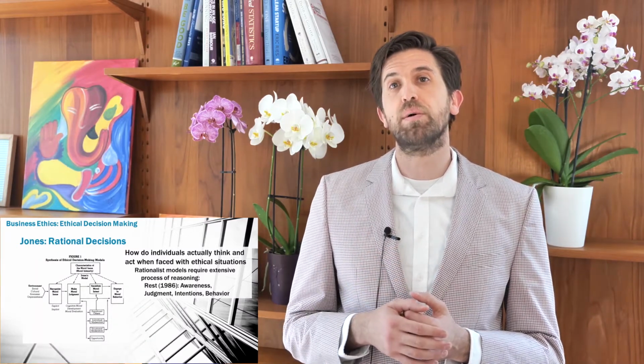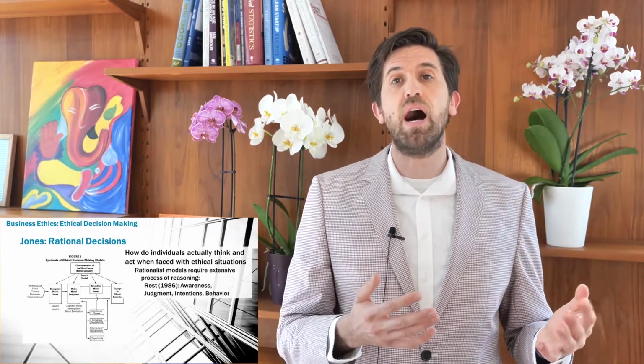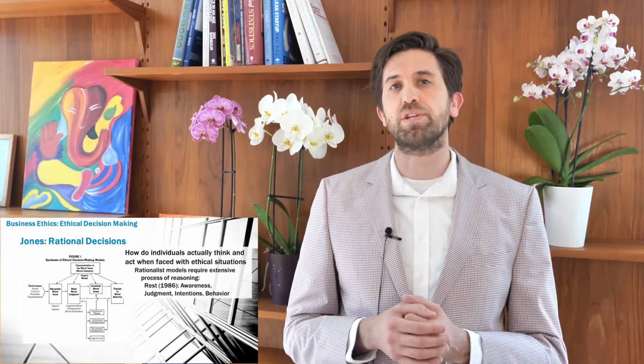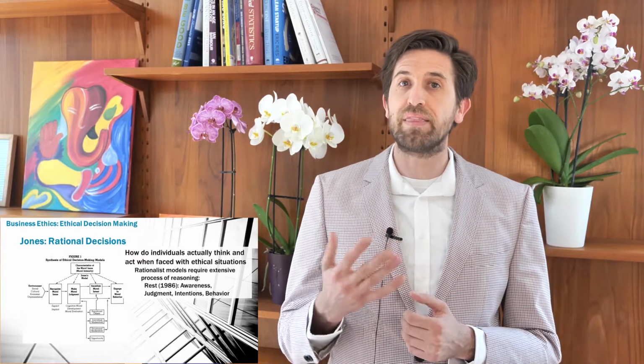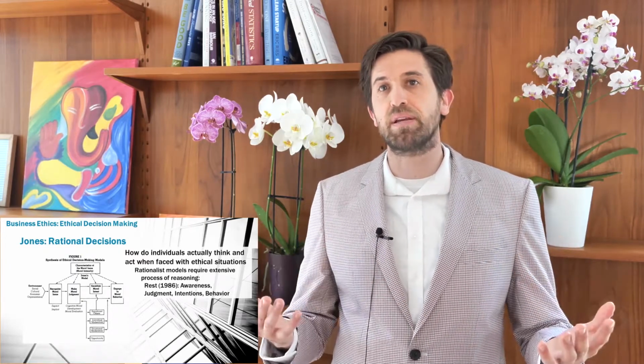Specifically, Jones proposed that these 4 stages are influenced by the characteristics of the moral issue, which Jones called moral intensity. While this sounds very obvious, of course, moral intensity affects my decision making.